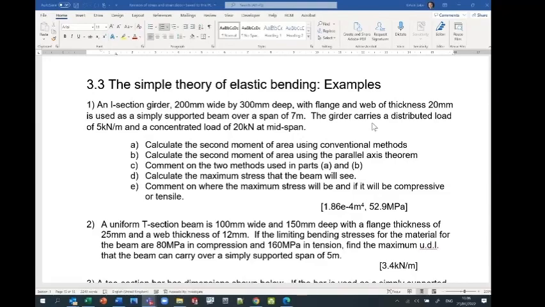Part A. Calculate the second moment of area using conventional methods. Part B. Calculate the second moment of area using the parallel axis theorem. Part C. Comment on the two methods used in parts A and B. Part D. Calculate the maximum stress that the beam will see. Part E. Comment on where the maximum stress will be and if it will be compressive or tensile.